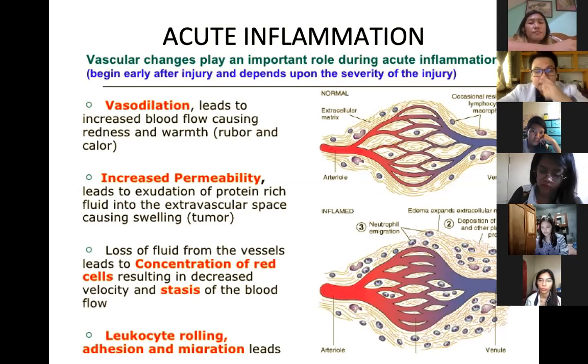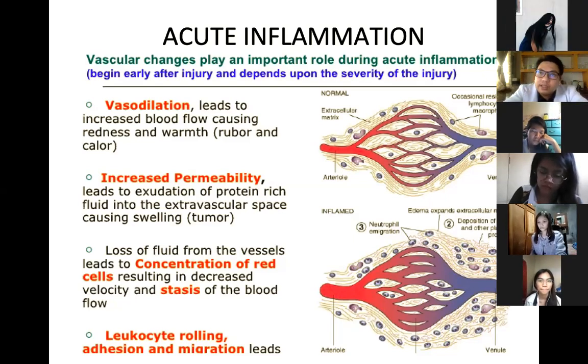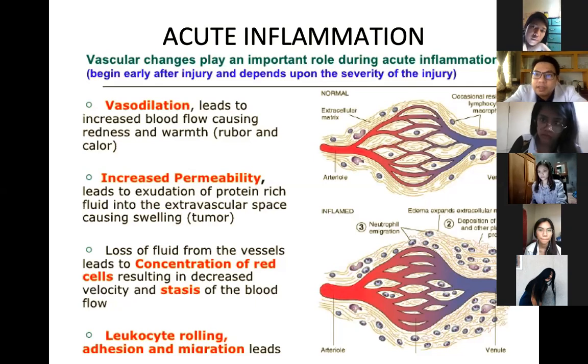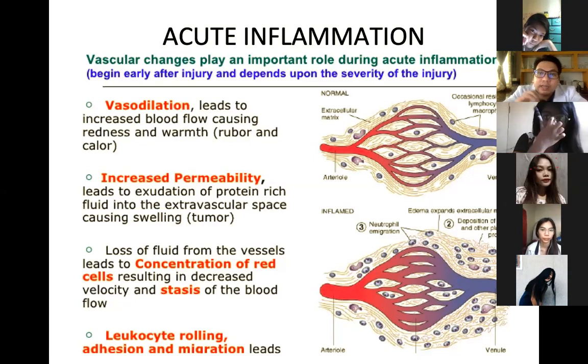Okay? So, for example, class, mosquito bite. Okay? So, merong stimulus, merong infection. Kinagat ka ng lamok, what happened? Merong toxins, class. Okay? The mosquito injected the toxin sa balat. So, the body's reaction is going to constrict the blood vessels on the portion na may kagat.